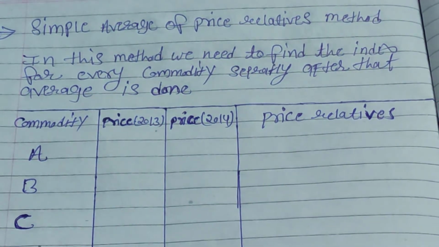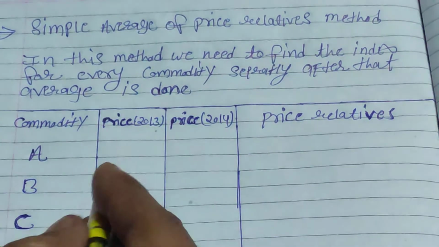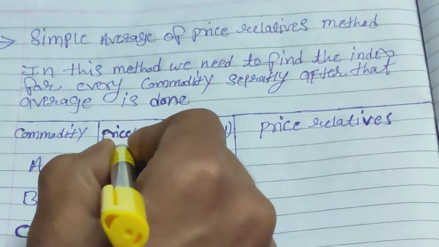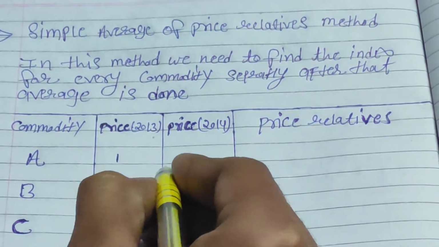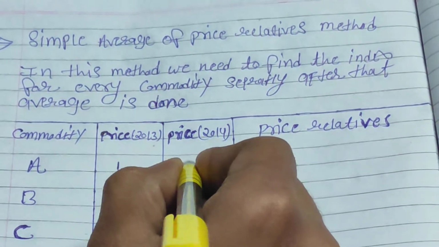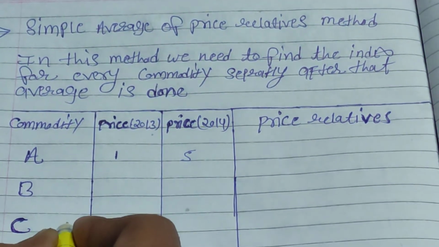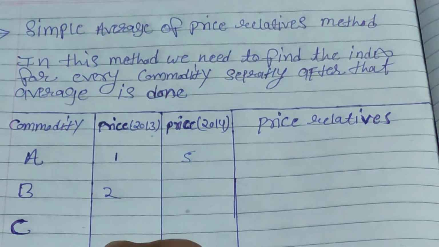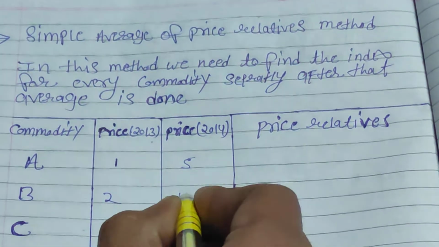So the data given here: Commodity A price in 2013 was 1 rupee and in 2014 was 5 rupees. Commodity B price in 2013 was 2 rupees and in 2014 was 4 rupees.